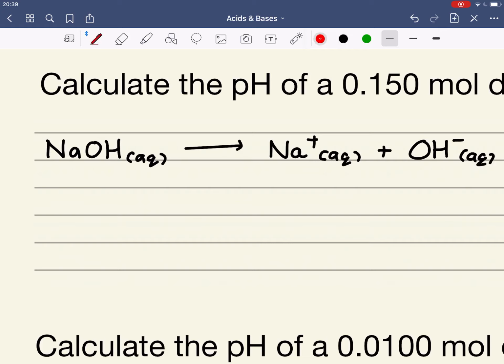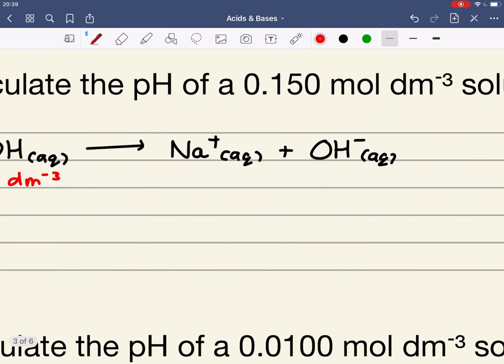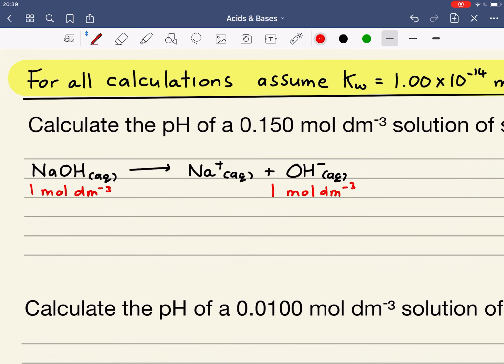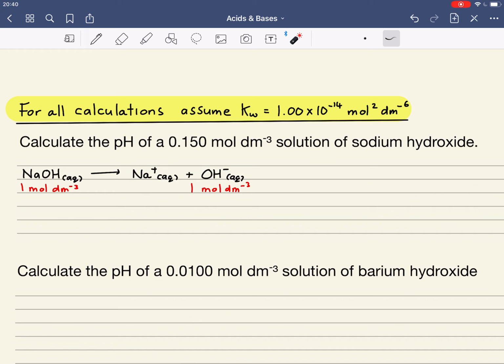And the assumption I'm making is if I've got 1 mole per decimeter of NaOH, I will form 1 mole per decimeter of hydroxide ions. So this value here of 0.150 moles per decimeter solution of sodium hydroxide, I can assume that I've got a concentration of 0.150 moles per decimeter of hydroxide ions.